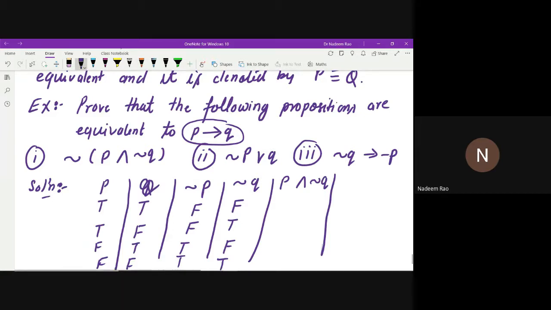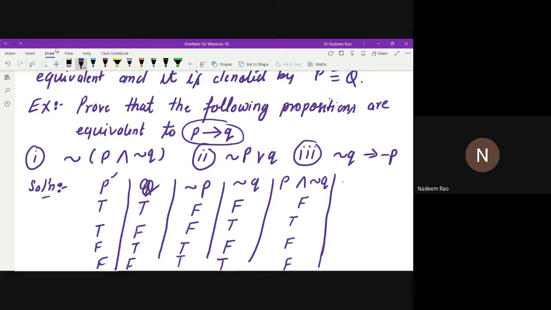So what about P and negation of Q? It is false, then true, then false, and then also false.